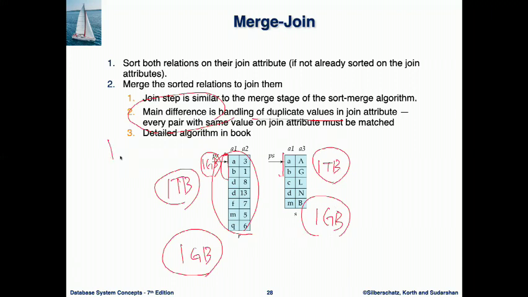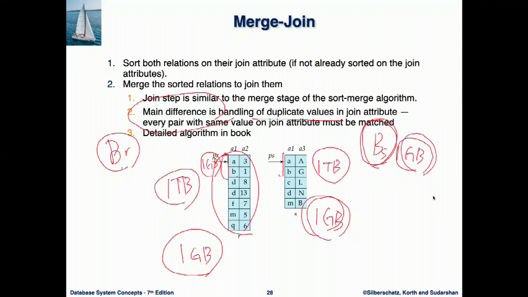So there is a buffer for R, and another buffer for S. When you read the first 1 gigabyte of data, this buffer will be full. And when you read 1 gigabyte of data from S and keep it in main memory, that buffer will be full too. Then with both buffers full, you compare records in these two buffers, so you can do the join algorithm.